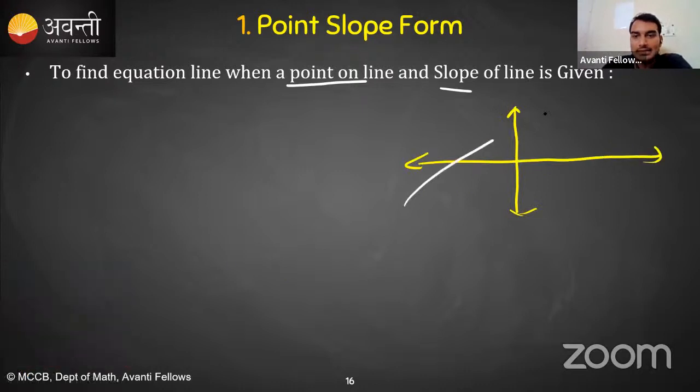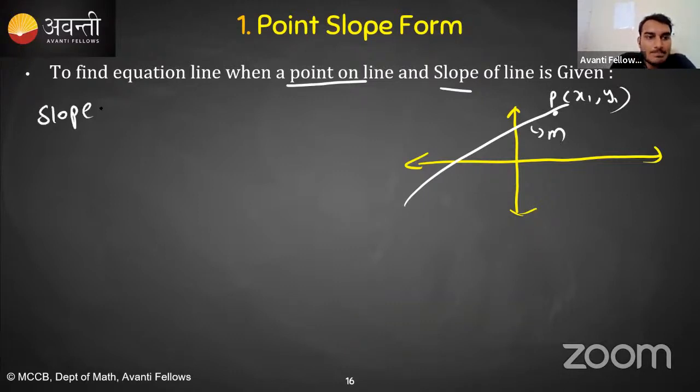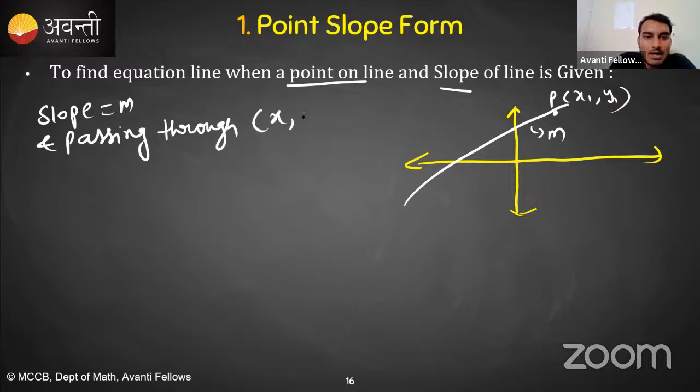Question will say that there is a line which is passing through the point P, which is x1 comma y1 and having slope m. So slope of line is m in the question, and the line is passing through x1 comma y1.